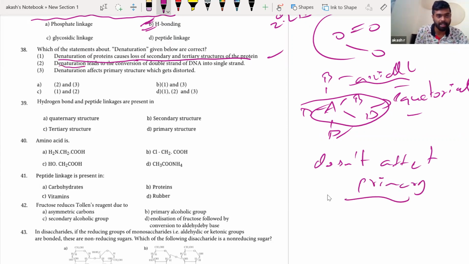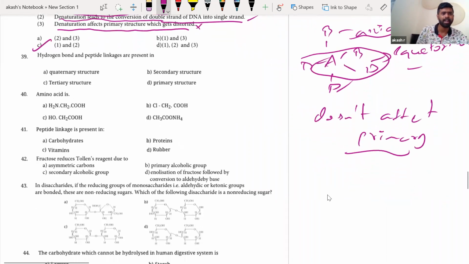Now, denaturation leads to the conversion of double stranded DNA to a single strand. Yes, definitely. Right. Denaturation means it is not in a good state. So a double stranded DNA will become a single stranded DNA. Yes. Okay. Denaturation affects the primary structure. No, this is not correct. Okay. So only 1 and 2 are correct. So option is C. Next.